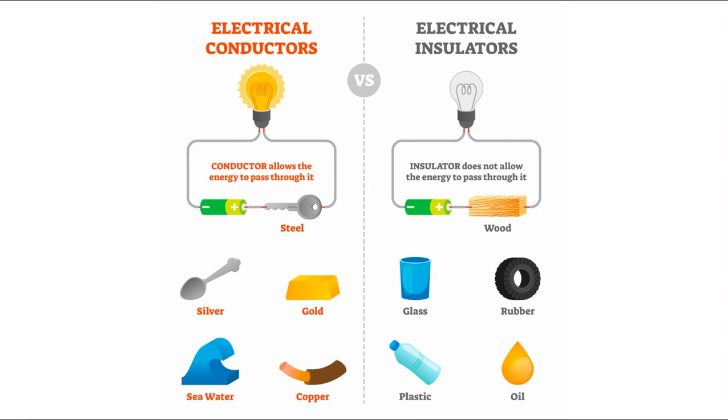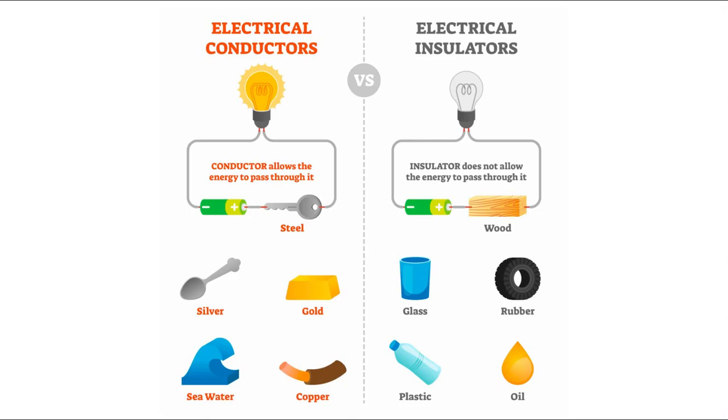Insulators, on the other hand, don't allow the electrons to flow through, or flow through in very, very small amounts. Examples are things like glass, rubber. It's great for our tires because we do want them to be insulators, plastic, oil.